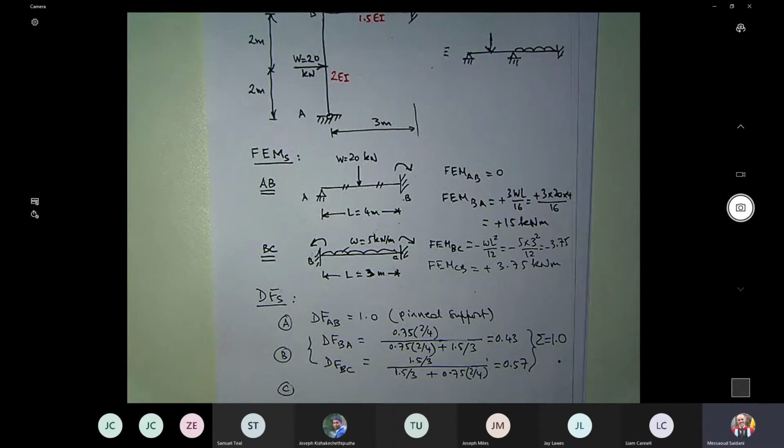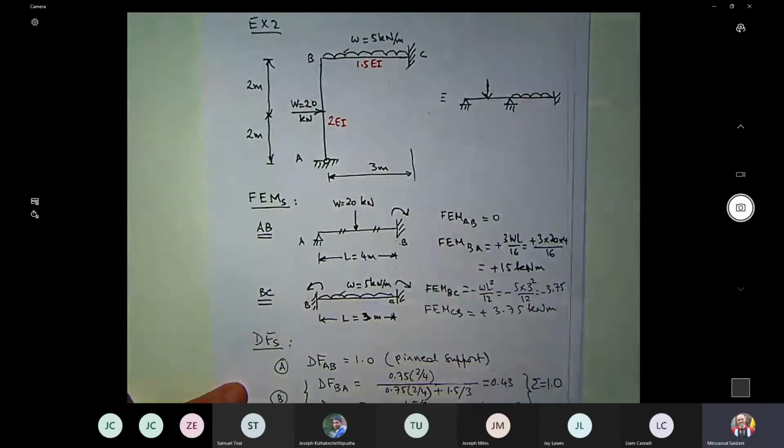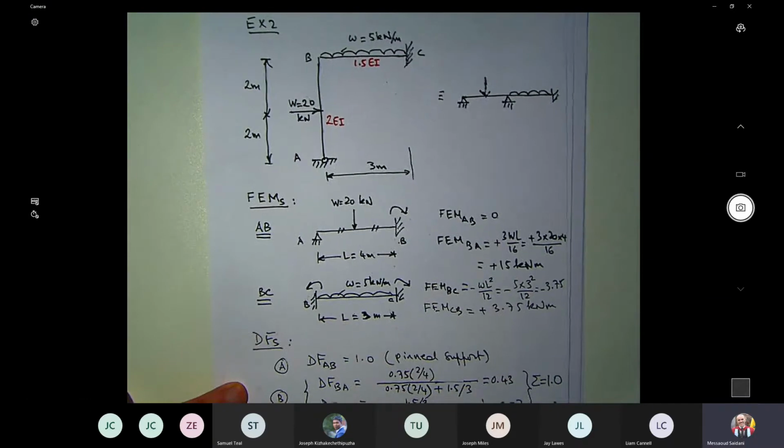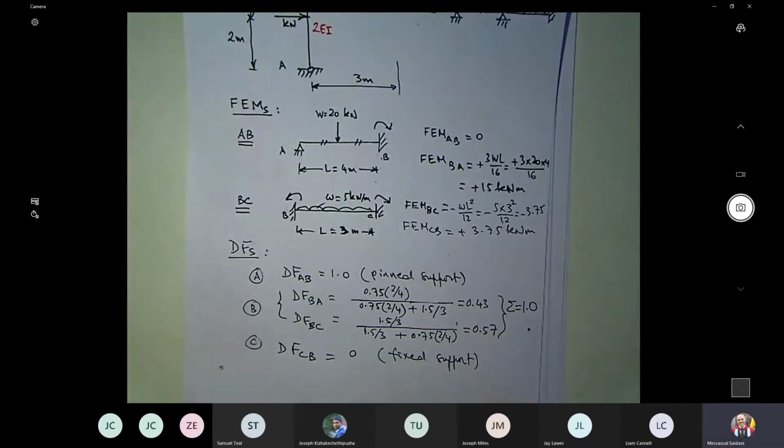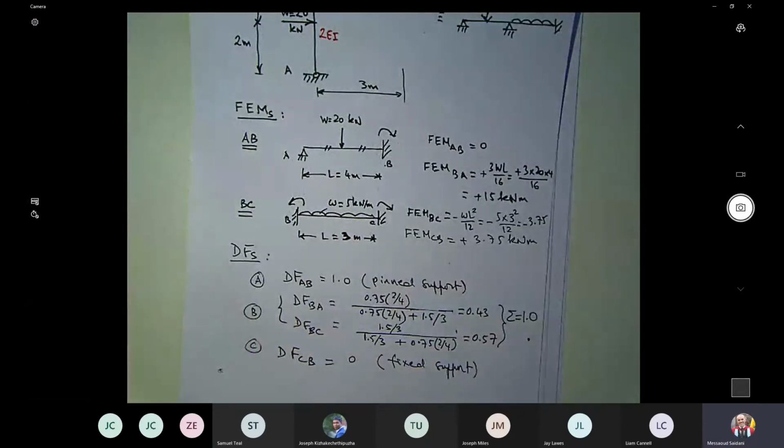Okay, and then finally for C, so DFCB, what is the fixed moment? Sorry, the distribution here? 0, because it's a fixed support. That's it. So we've got everything now for the table.